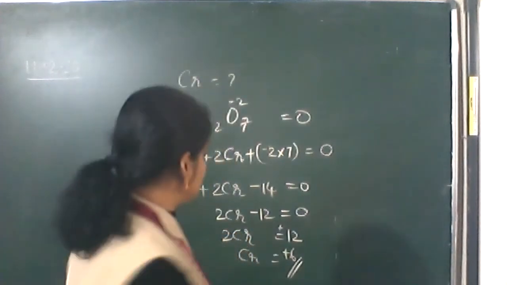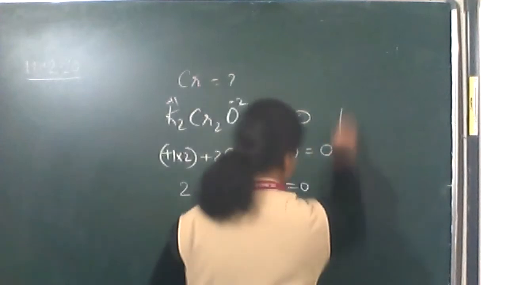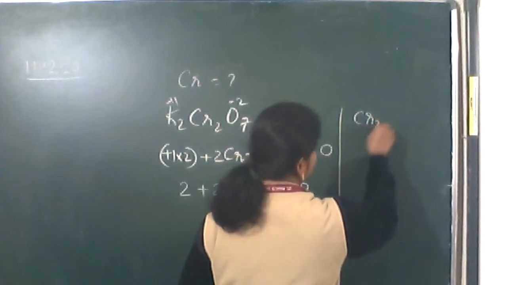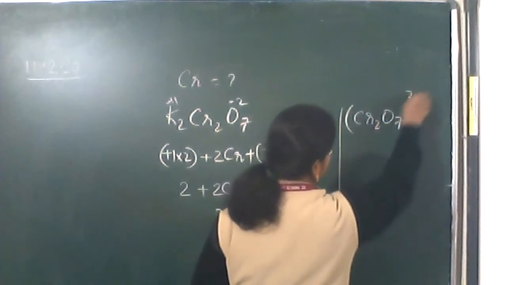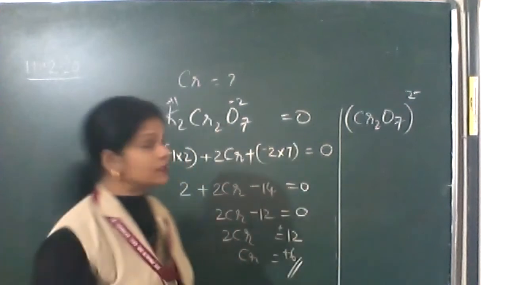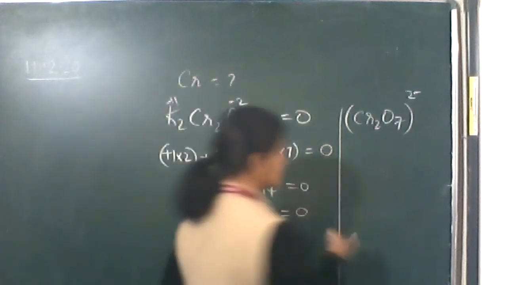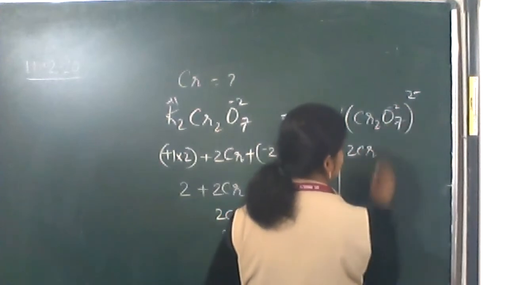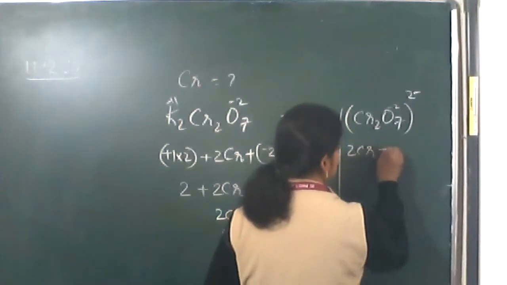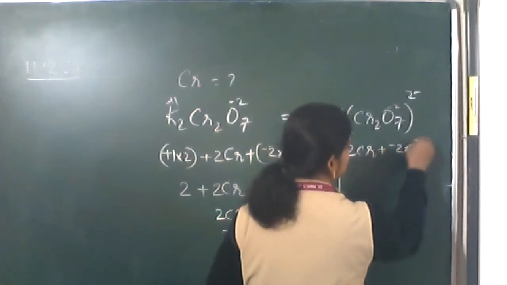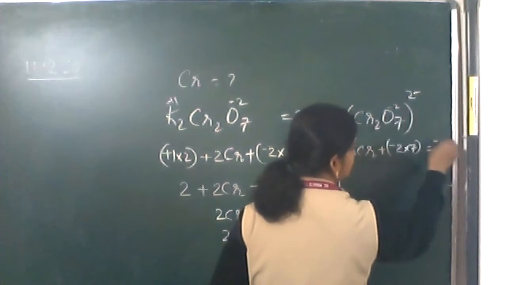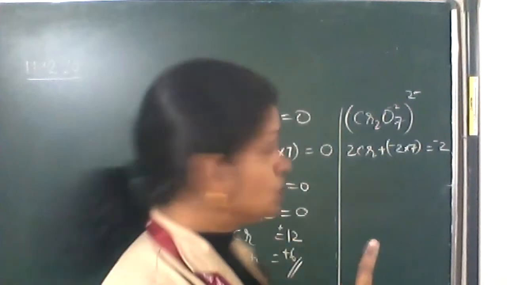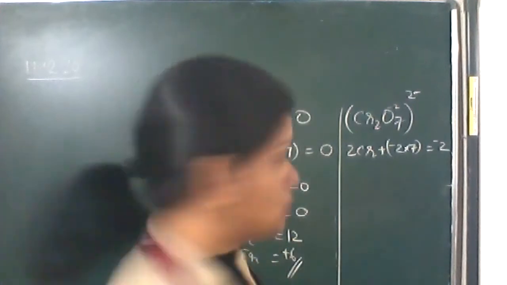For the same species, if I write it in ionic format, that is Cr2O7 2 minus, then the sum of the oxidation states is equal to that minus 2. Again you get the same value: 2 Cr plus minus 2 into 7 is equal to the charge, minus 2. If there is a charge, the sum is equal to that charge.